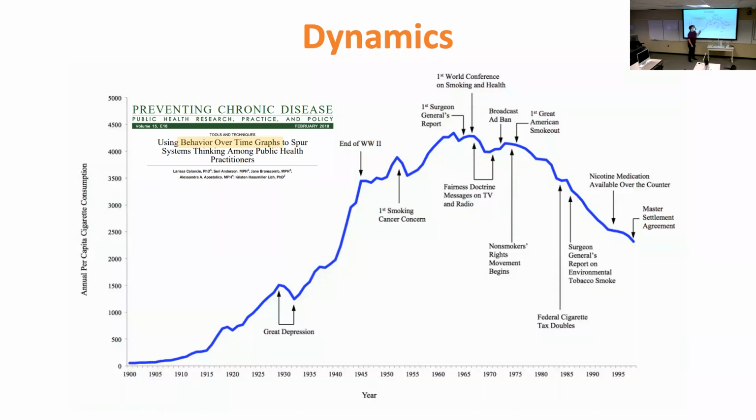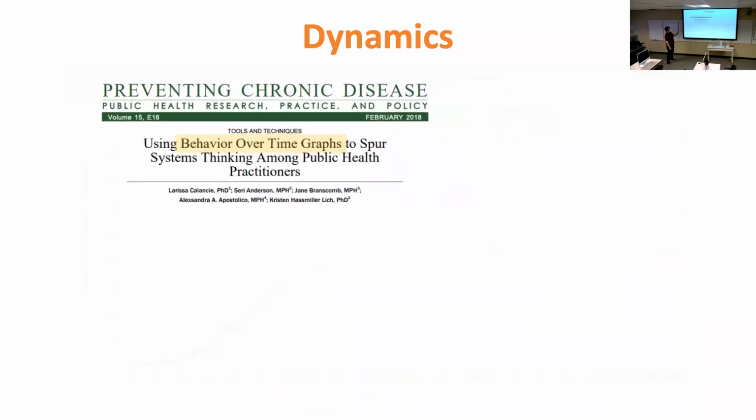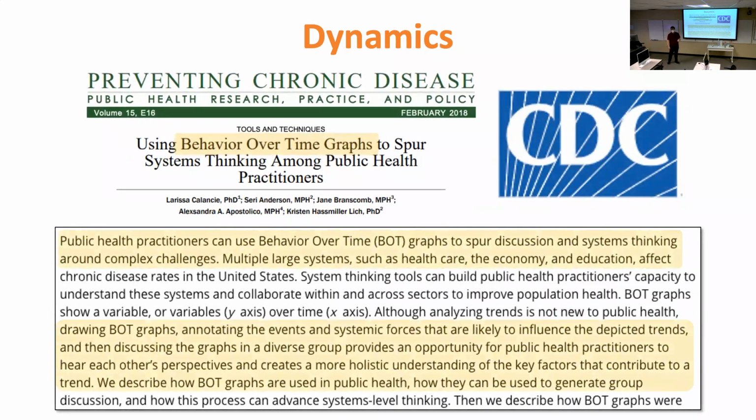So that's kind of like behavior over time graphs. They add a richness where they start allowing us to think about events and their long-term consequences or their short-term consequences. So what are the background pressures and what are the short-term responses? That's what these BOTG graphs help us with.